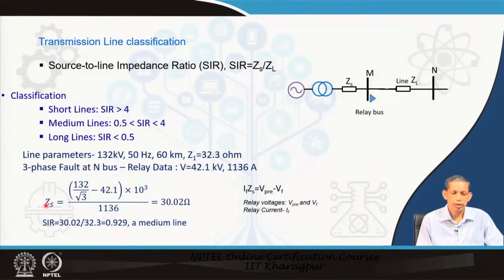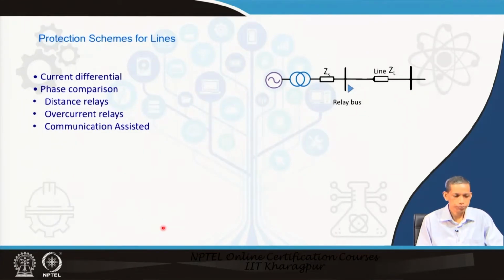So, that is the Z_S, the source side impedance as observed by the relay, but the impedance of the line as given is 32.3. So, the value of SIR, Z_S by Z_L, becomes 0.929, and in the protection category this belongs to the medium line category, and that is how we classify the different lines from protection perspective.